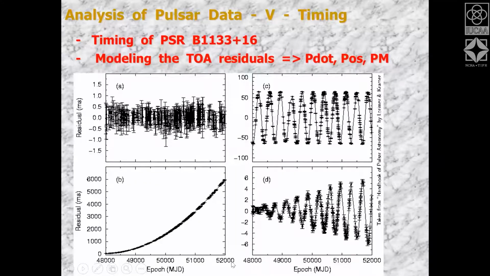If your pulsar is moving in the sky, has a proper motion, then you not only see a sinusoidal, you see a growing sinusoidal, and you can fit these residuals and get the values of period derivative, position, proper motion, and so on and so forth. Okay. So I think I will stop here and then move to the next part of my talk.